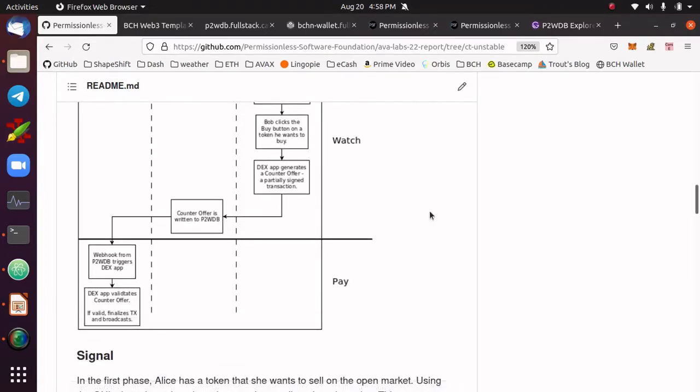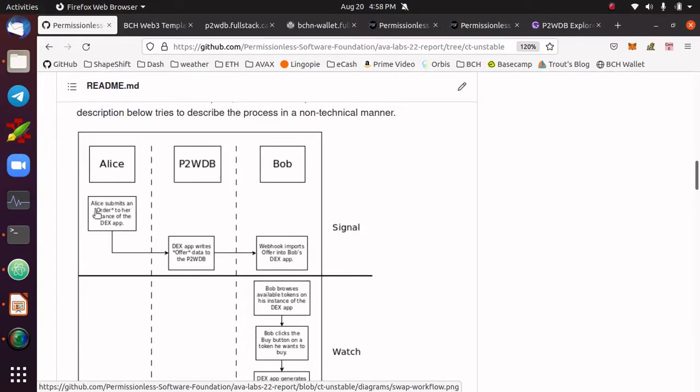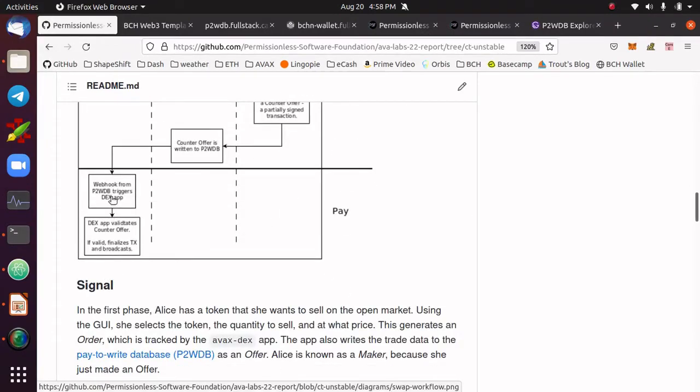And then because we're essentially buying tokens from ourselves, we're also the Alice here, and when the counter offer comes in, our instance of the DEX will check it, make sure there's no funny business, and if it passes validation, it will complete the partially signed transaction, which is in the counter offer, turning it into a fully signed transaction, and we'll broadcast it, which finalizes the transaction and moves the Avalanche to pay for the tokens and the tokens themselves in one transaction.